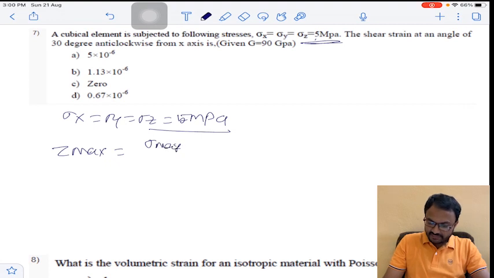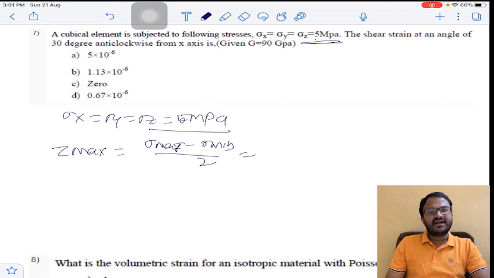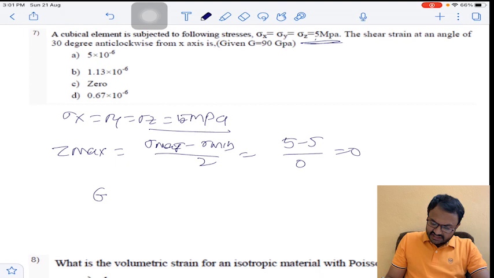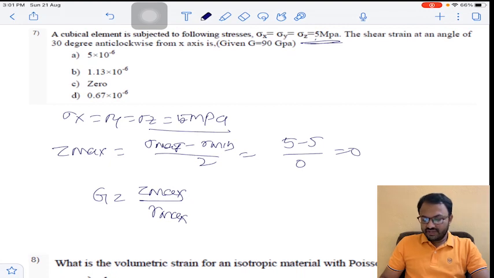Sigma major and sigma minor are always equal to 5, so this will become the maximum shear stress. When maximum shear stress is equal to 0, G is equal to tau max divided by gamma max. Okay. When tau max is equal to 0, gamma max is also 0. So that is option C for question number 7.